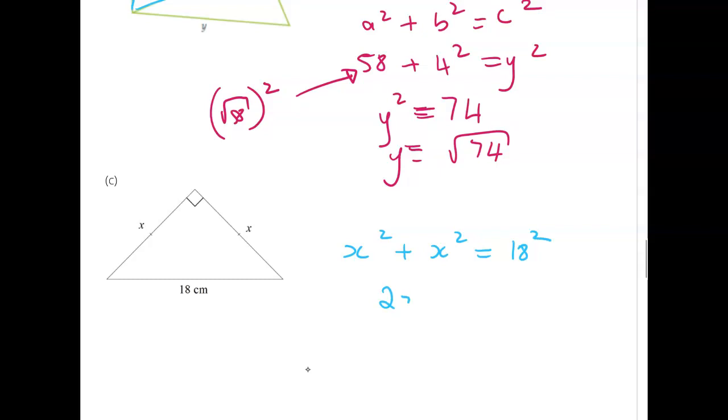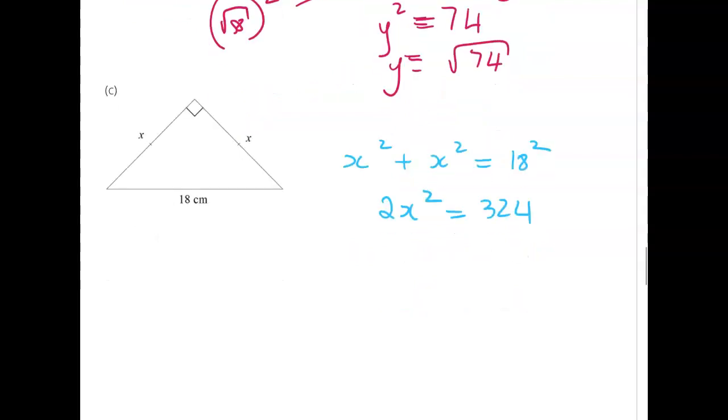We are adding like terms. X squared plus x squared, you've got 1x squared plus 1x squared makes 2x squared. And then that equals 18 squared. So 18 squared, I think we worked out last time, was 324. All right, what do we do now?